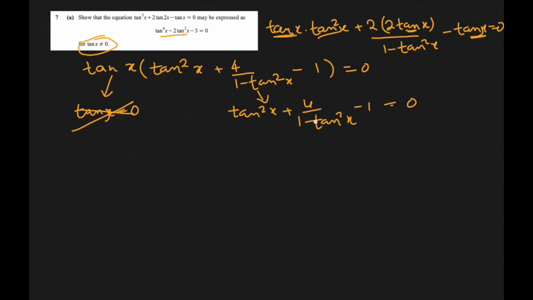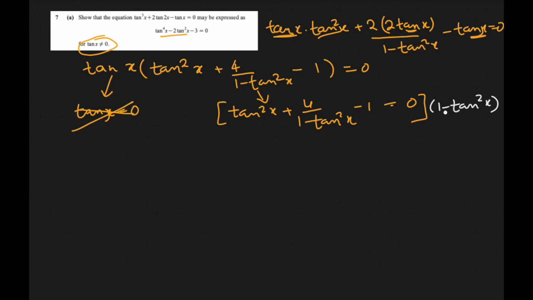Now here the problem is that we have 1 minus tan square x as denominator. So what do we do? We can multiply the whole equation by 1 minus tan square x, so that when it is multiplied with this particular term, this 1 minus tan square x and 1 minus tan square x cancel out.